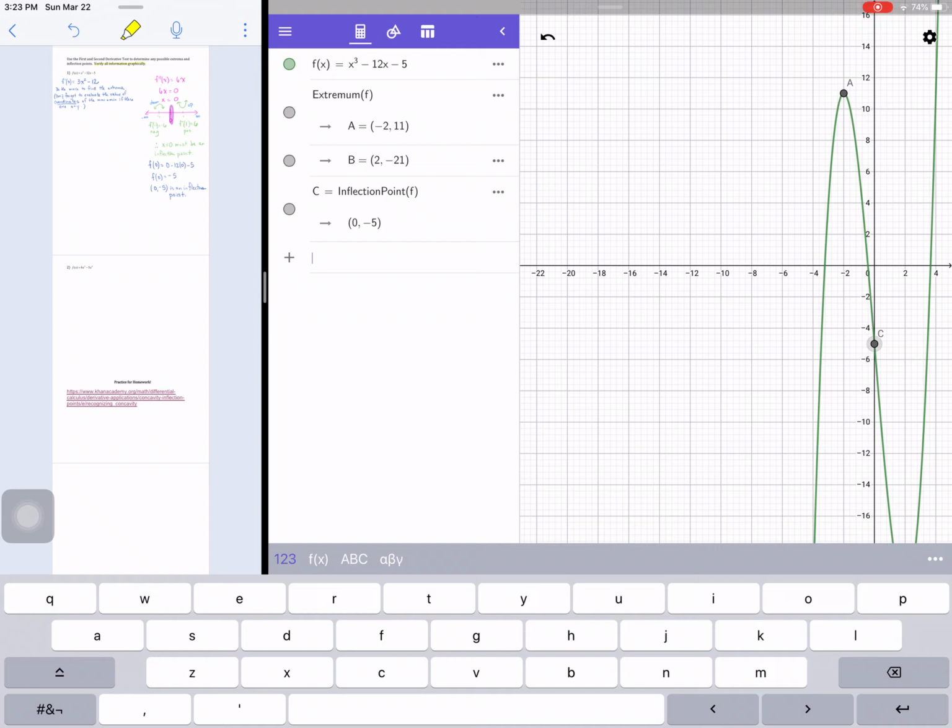So I'm going to leave you with finishing question number 1, the algebra involved in finding the relative max and relative min, and then the complete finding of the extremum and inflection points for function 2. There is also some homework for you to do on Khan Academy.